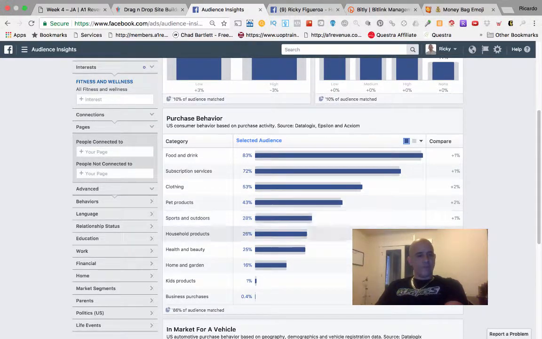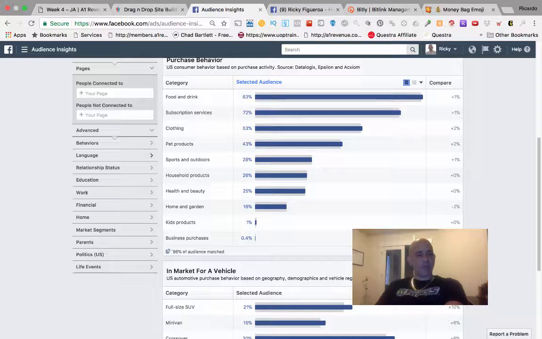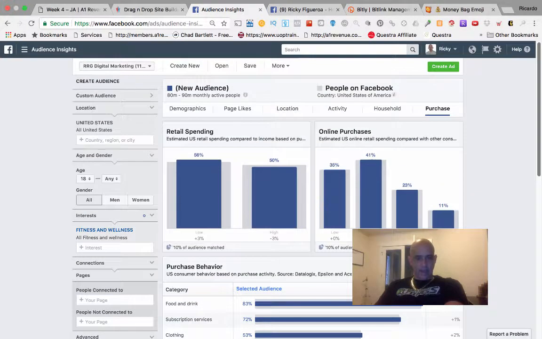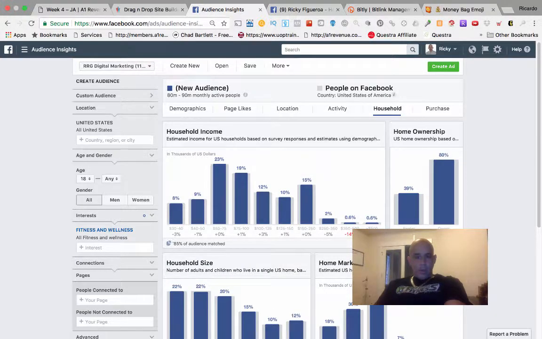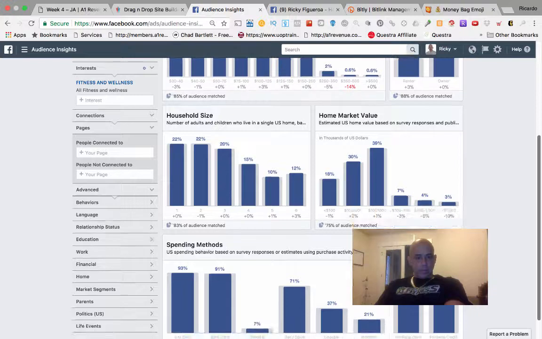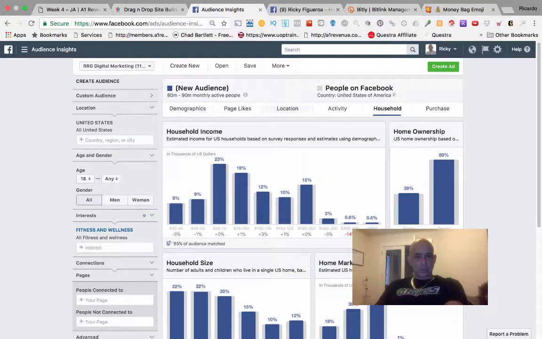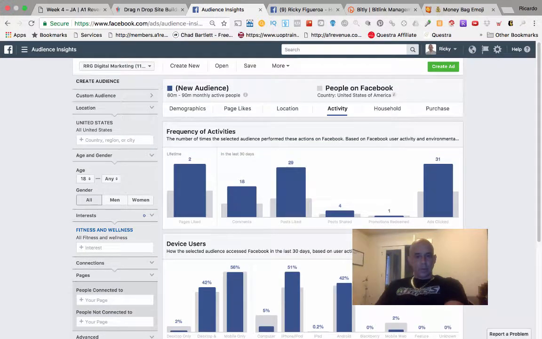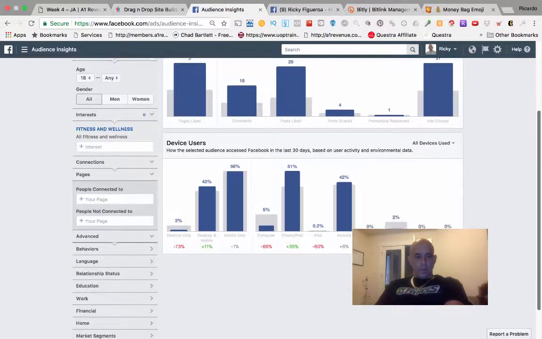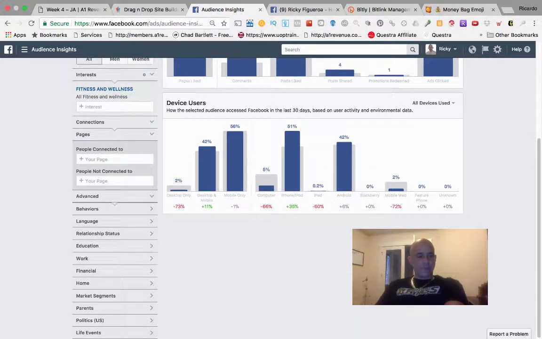If you want to be more advanced, you have more behaviors here, language, relationship status. Device users. Most of the stuff you can find here.